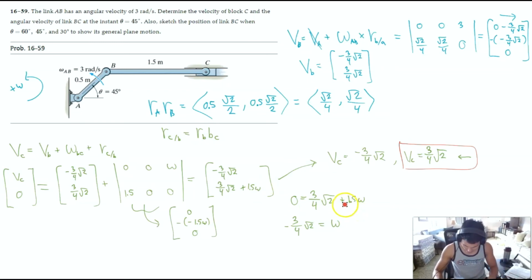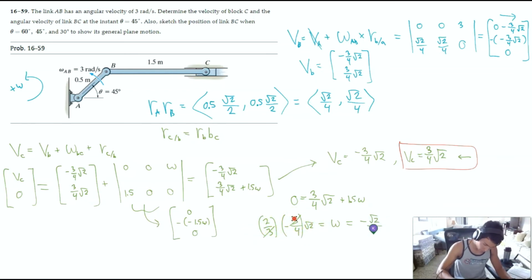So if I multiply this by 2 over 3, the 3's go away, and we get omega is equal to negative root 2 over 2, which is the same thing as negative 1 over root 2.